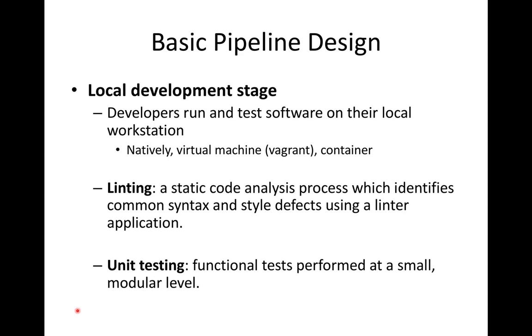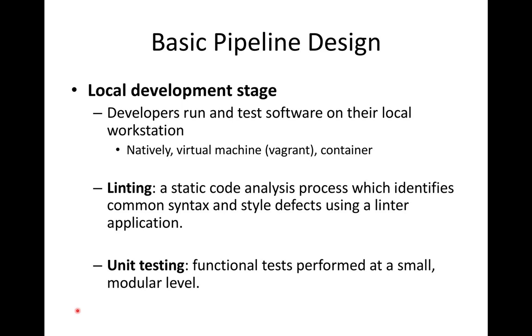The first stage is the local development stage. And this stage isn't running on the CI/CD system, right, on the Jenkins system. This stage is typically happening on the developer's workstation. So, in the local development stage, developers are running and testing their software on their local workstation typically.